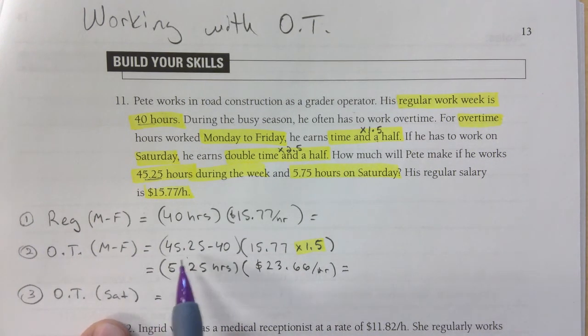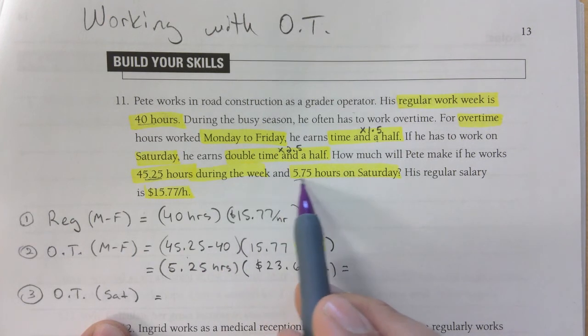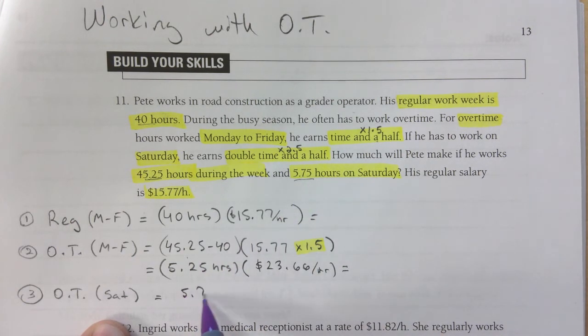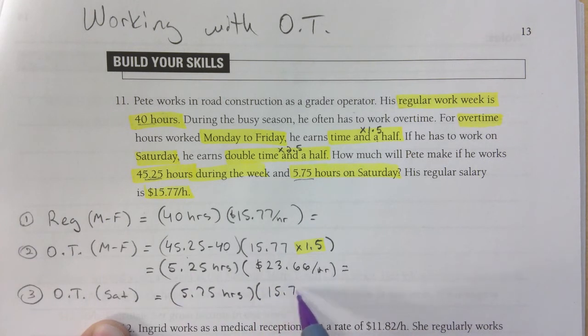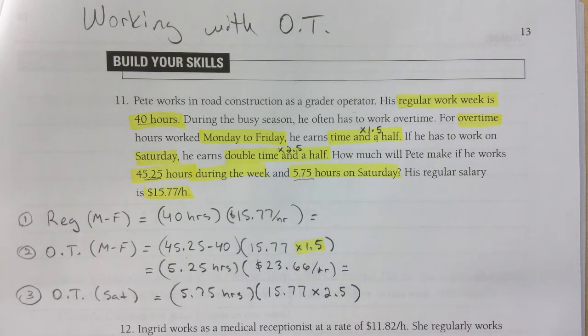And that one, I don't need to subtract anything because they tell me it's 5.75 hours. And I make 15.77 normally, but on weekends, I make 2.5 of what I normally make.